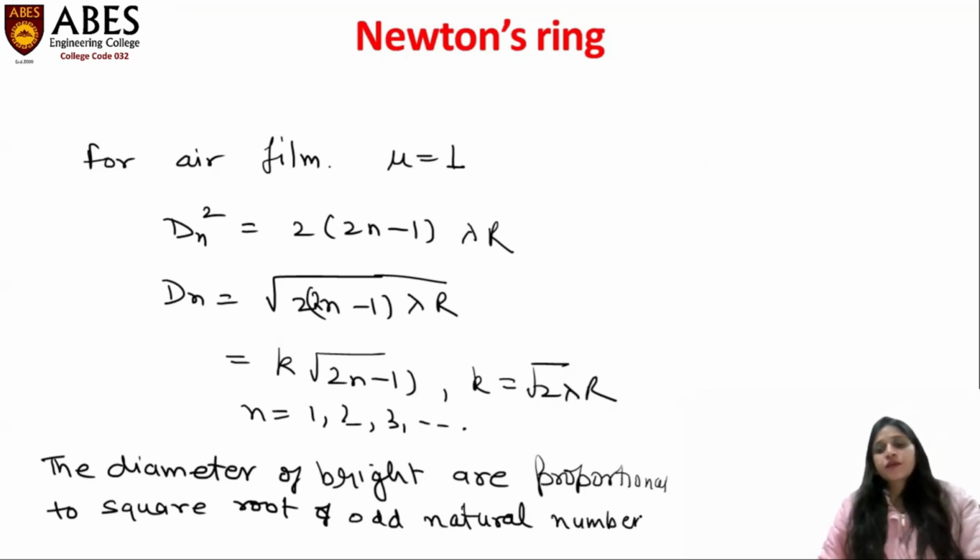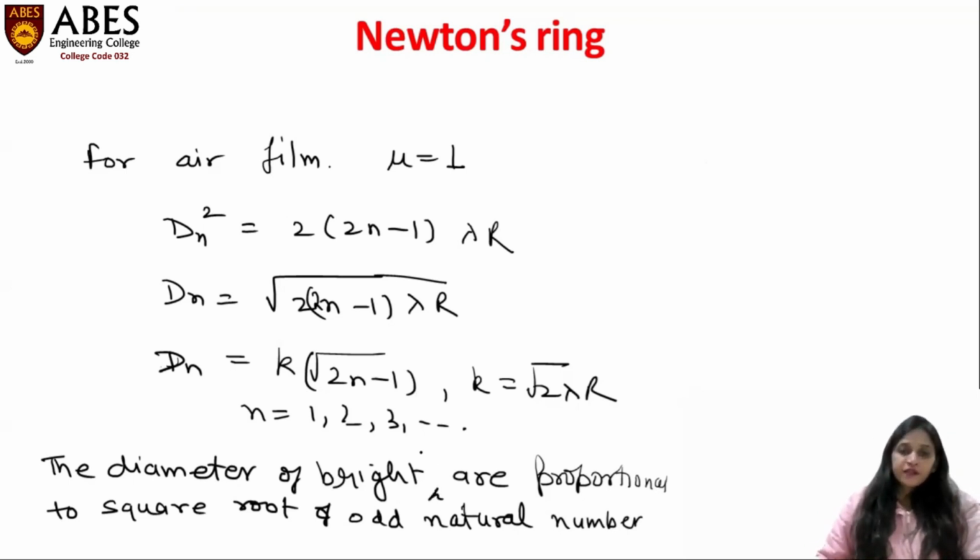This is a very important conclusion: Dn is equal to k under root 2n minus 1. A question is also asked from this conclusion: show that the diameter of bright rings are proportional to the square root of odd natural numbers. In the next lecture, we will calculate the diameter for the dark ring, and we will also see the application of Newton's ring.